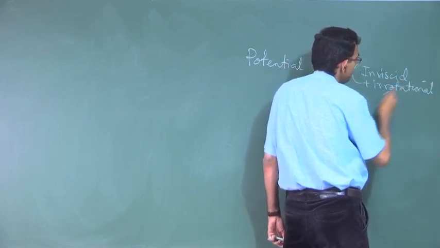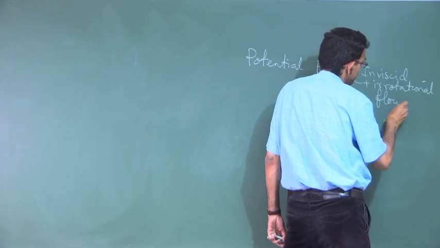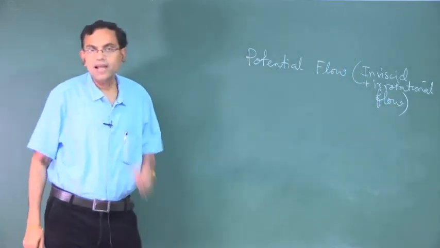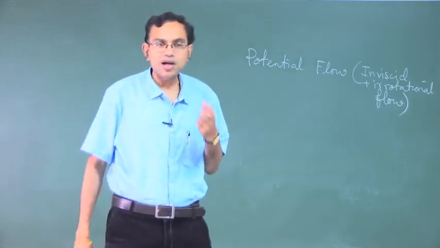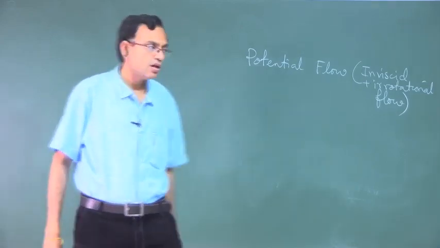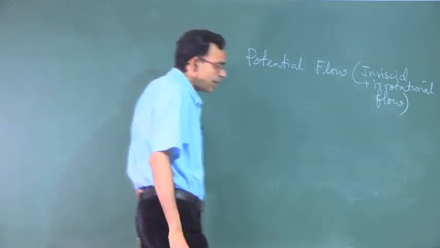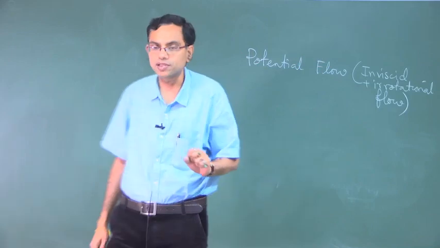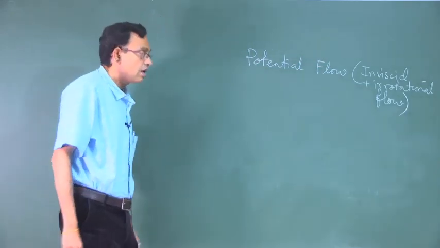So, by the name potential flow, it is quite clear that it is called potential flow because velocity potential exists. So, for what kind of flow does velocity potential exist? For irrotational flow the velocity potential exists.